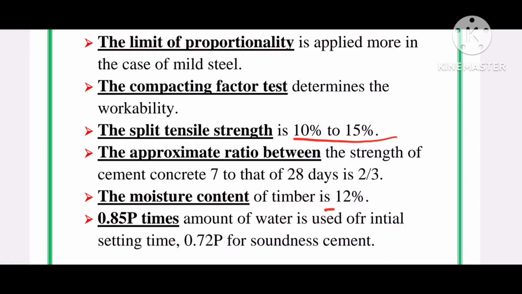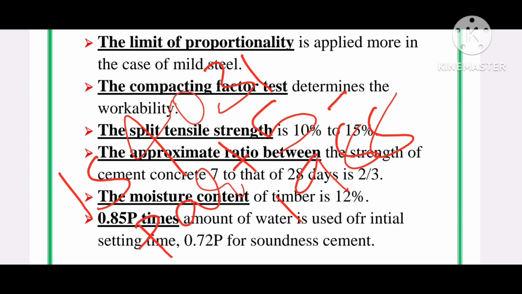The moisture content of timber is 12%. 0.85 p times amount of water is used for initial setting time and 0.72 p for soundness test, as per IS 4031 part 5 1988.